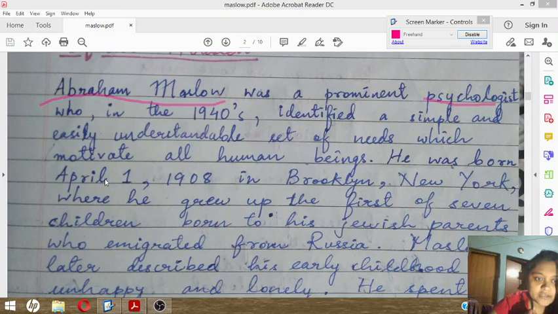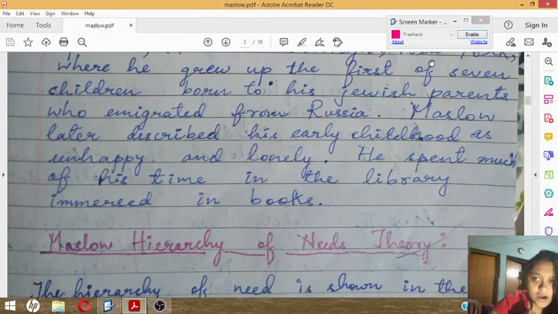He was born on April 1, 1908 in Brooklyn, New York, the first of seven children born to his Jewish parents who emigrated from Russia. Maslow later described his early childhood as unhappy and lonely.